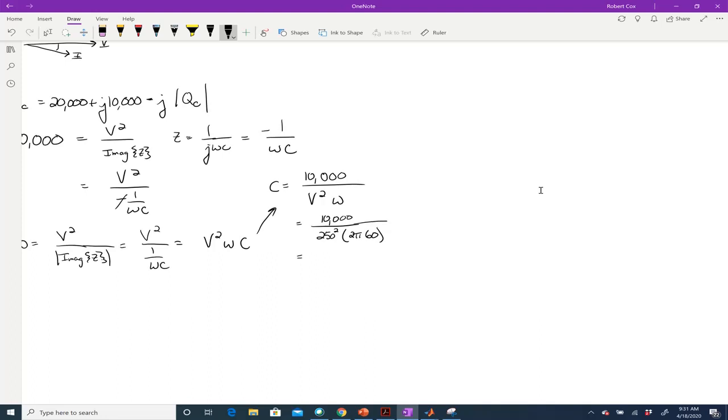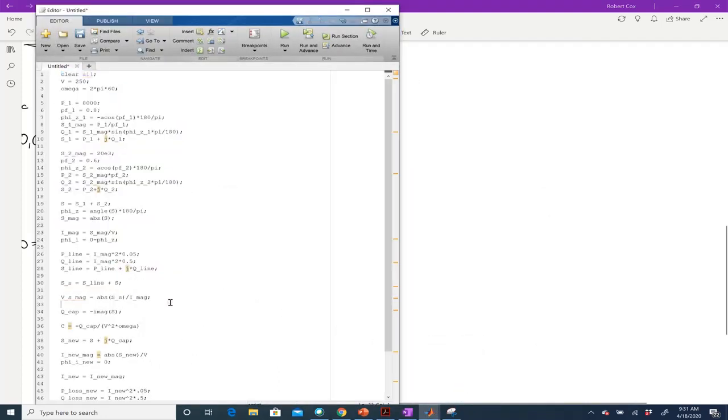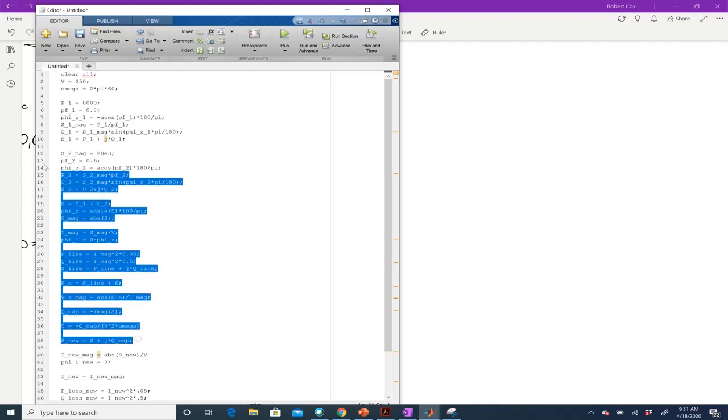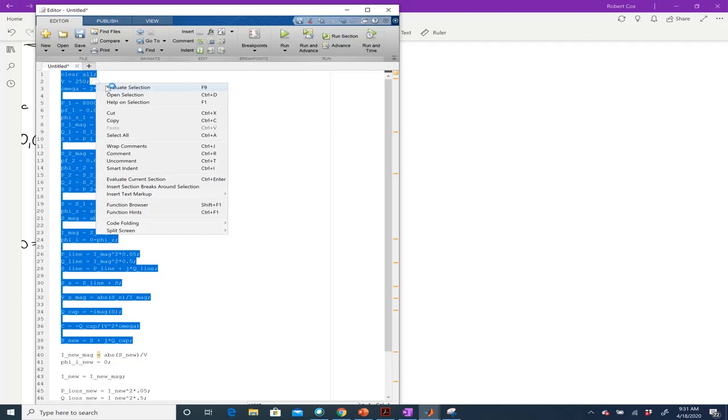Over here, back to my MATLAB. Here are my relationships. Q cap is on line 34, and my calculation for the capacitor is right there. I'm going to evaluate this real quick.